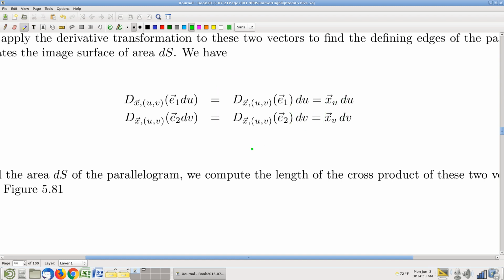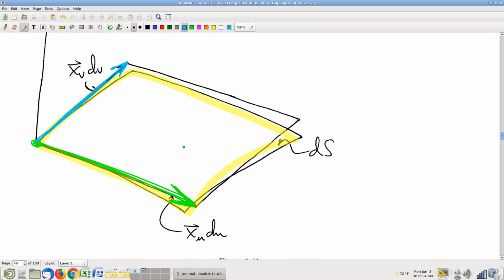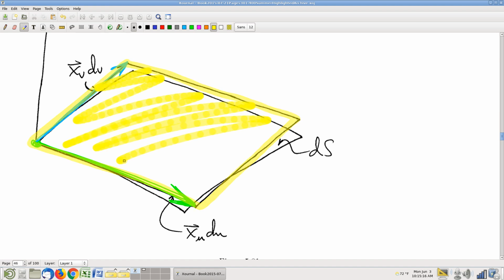Okay, so again, with the familiar formulas, there's the first edge vector, there's the second edge vector. Again, I'm trying to find the area of this parallelogram, the idea being that this parallelogram approximates our little piece of surface, and so if I can compute that area, then I'm good.